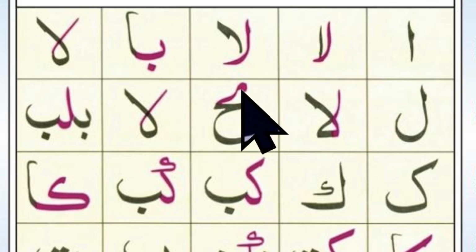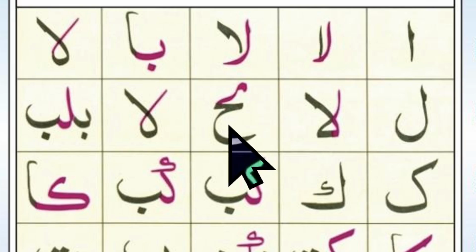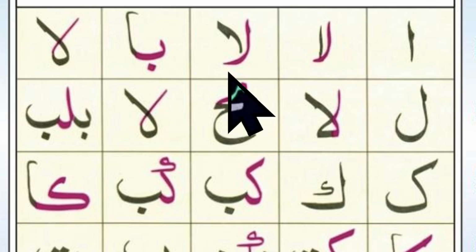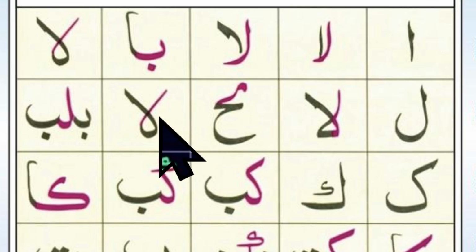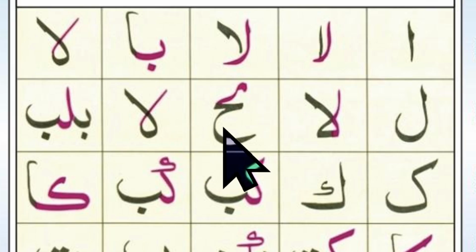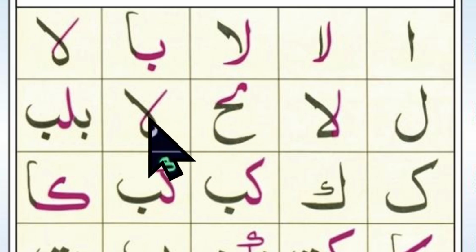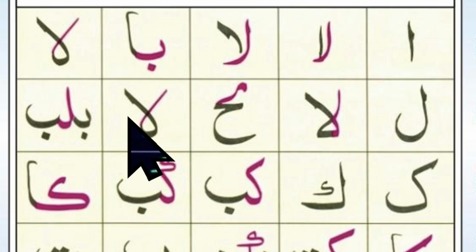So we pronounce first lam and then ha, not ha lam, because some students who don't know this try to read from the left side and say ha is the first one, but it's not. We start from the top: lam ha. And the next one is exactly like the one above: lam alif, lam ha, lam alif.